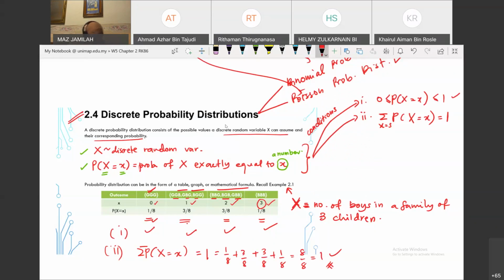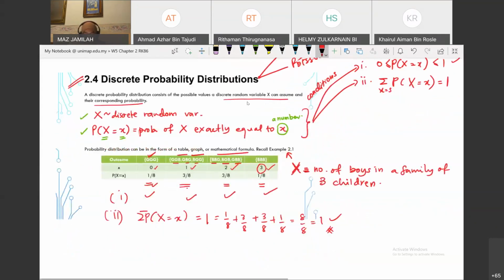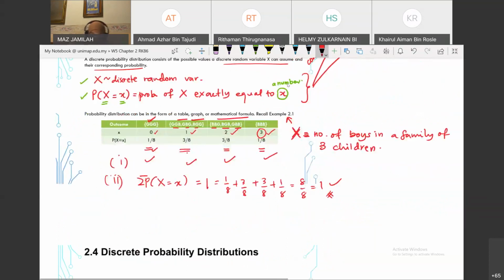If you wish to draw this as a probability distribution, you go from the table that we have.